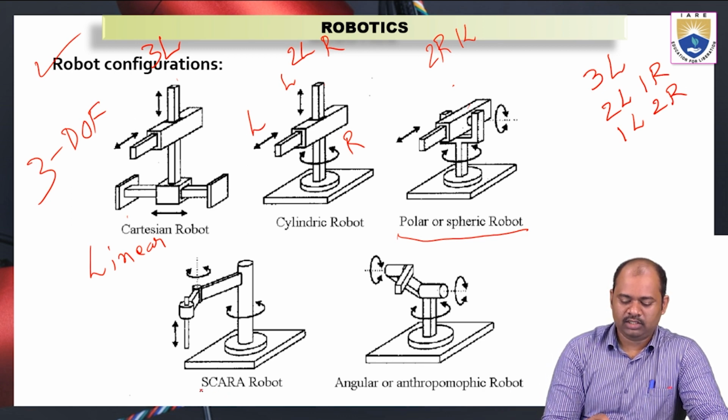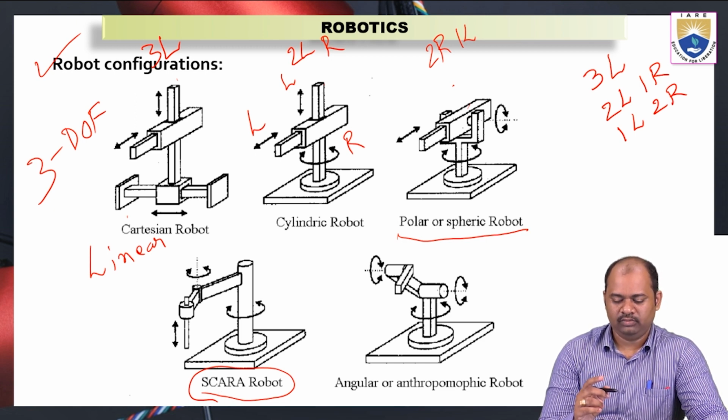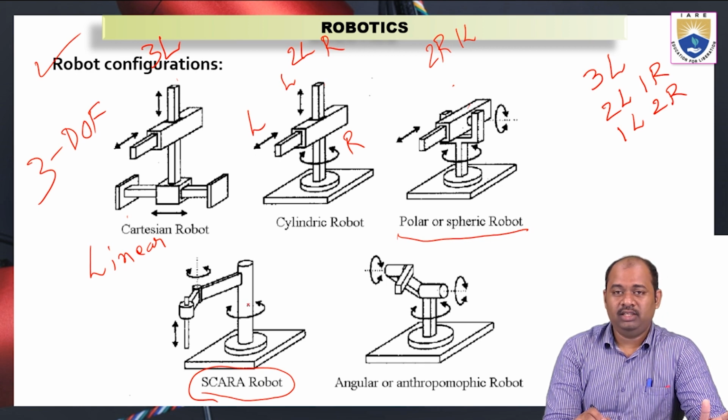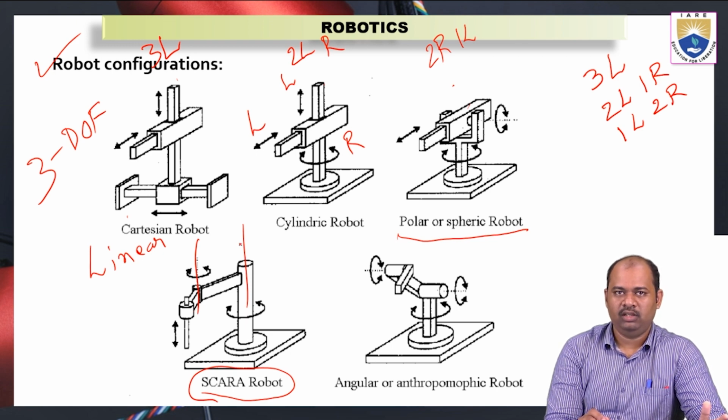And the fourth one is the SCARA robot. SCARA robot is where we will have 2 rotations and 1 linear motion. We have 2 rotations which are in the same plane, but they have axes which are offset from each other. These 2 are the axes about which rotation is possible, but these 2 axes are very far from each other.